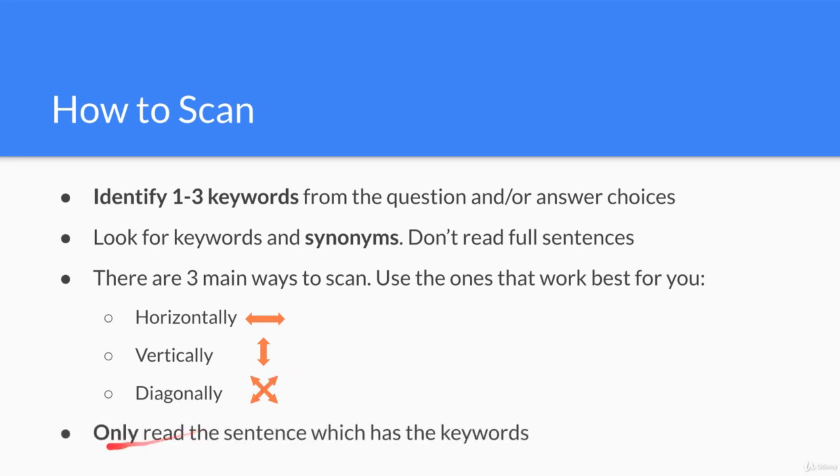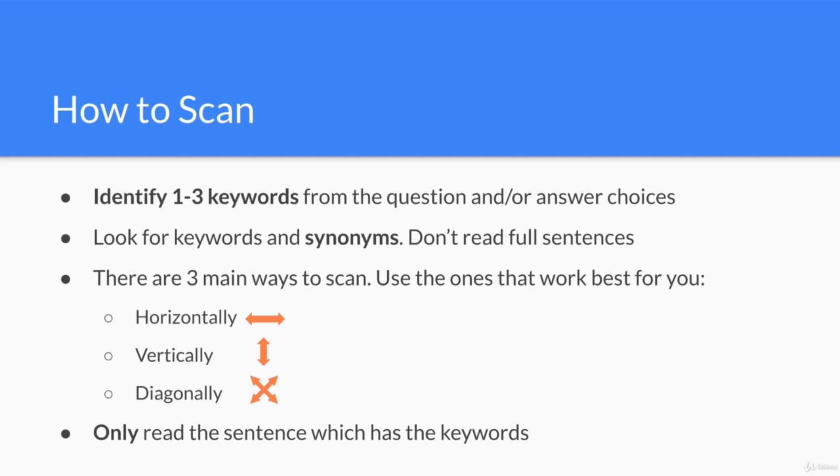And finally, only read the sentence which has the keywords. So when you are scanning and after scanning, when you locate the keyword or you locate the synonym, then only read that one sentence. Do not start reading the entire paragraph. Don't start reading multiple sentences. You should only read one sentence. And if that sentence seems to be connected to the next sentence, only then should you read the next sentence.